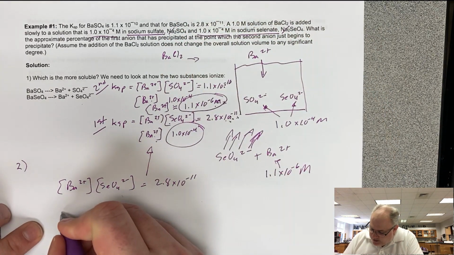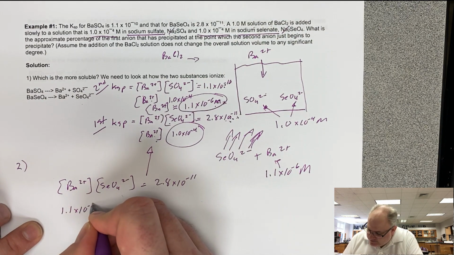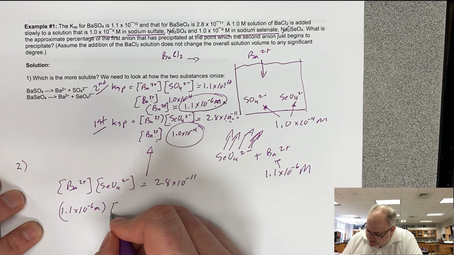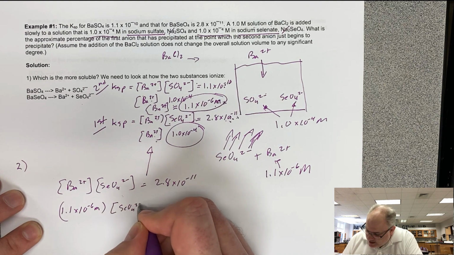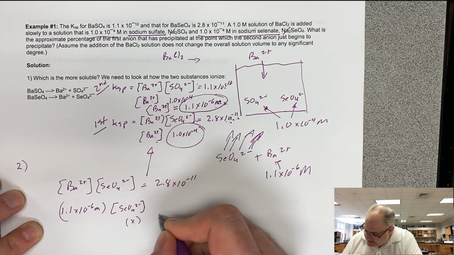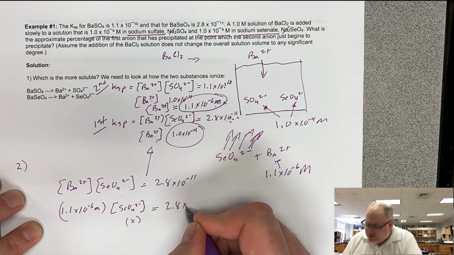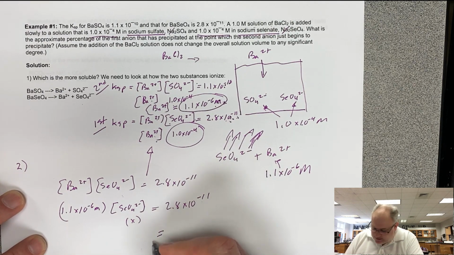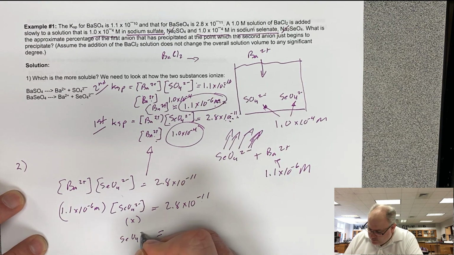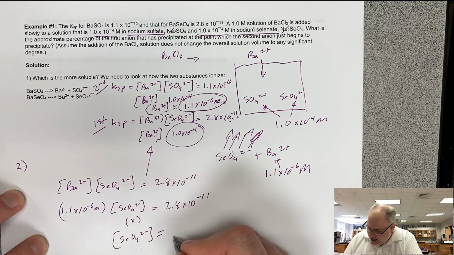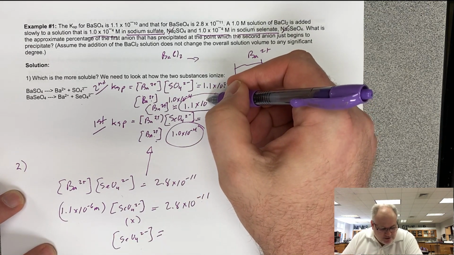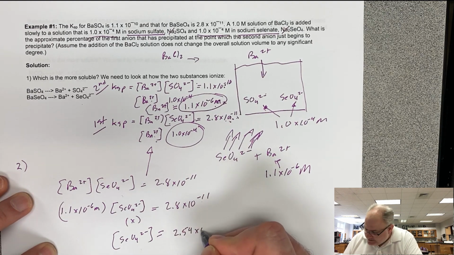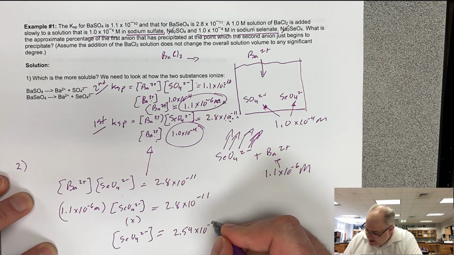So we can plug in 1.1 times 10 to the negative 6 molar in here, and we can solve for essentially x, SeO4 2-. Let's pretend that that's our x. So then it becomes, given two variables, let's solve for a third. And when we solve for this, we're going to discover that the SeO4 2- concentration that we have when this amount of Ba2+ starts is 2.54 times 10 to the negative 5 molar.